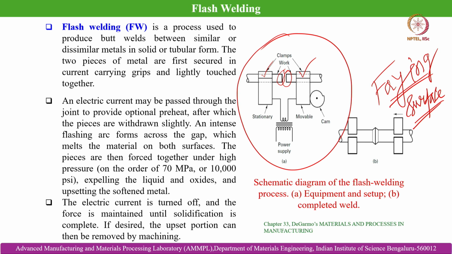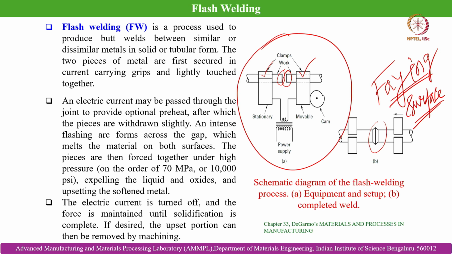If desired, the upset portion can also be removed by machining. As I told, after the melt is expelled because of the applied pressure from both the sides, it experiences an upsetting forging technique. That is why a hump is developed because of the plastic flow of the matter from both the workpieces.